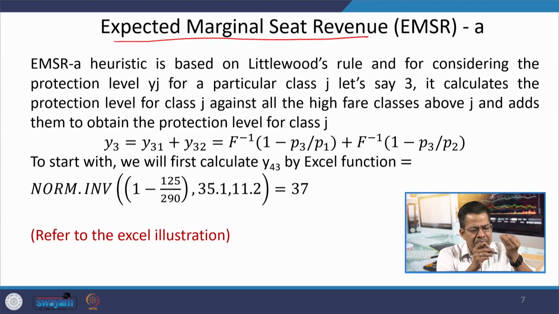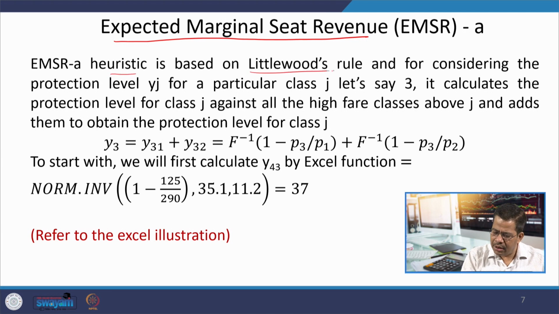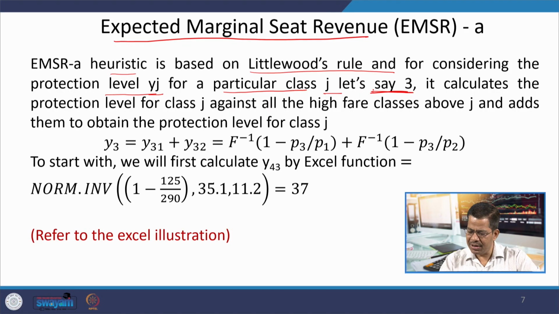There is some minor difference which actually gives more efficiency in EMSR B. EMSR A is the heuristic based on Littlewood's rule, and for considering the protection level Yj for a particular class j, let us say for class 3, we have to calculate the protection level Y3 with respect to all the higher classes available at that time.